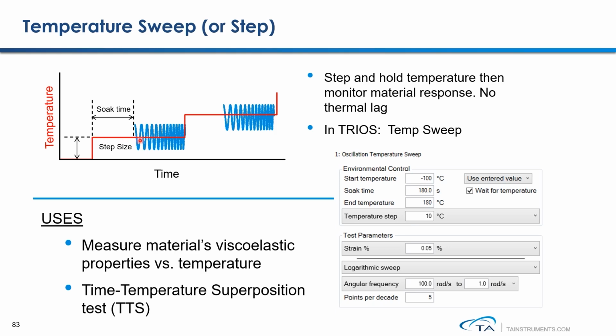At the end of the equilibration, you can either design to perform a single frequency measurement or conduct a frequency sweep at the end of each equilibration. This temperature sweep experiment also allows you to measure your material's viscoelastic property as a function of temperature. If you're conducting a temperature sweep in combination with a frequency sweep experiment, the testing results will allow you to perform the time-temperature superposition analysis on your polymer sample.